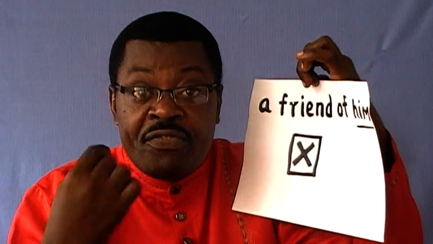A friend of ours, not a friend of we or a friend of us. A friend of yours, not a friend of you. A friend of hers, not a friend of she or her. You say a friend of hers, a friend of theirs, not a friend of them.